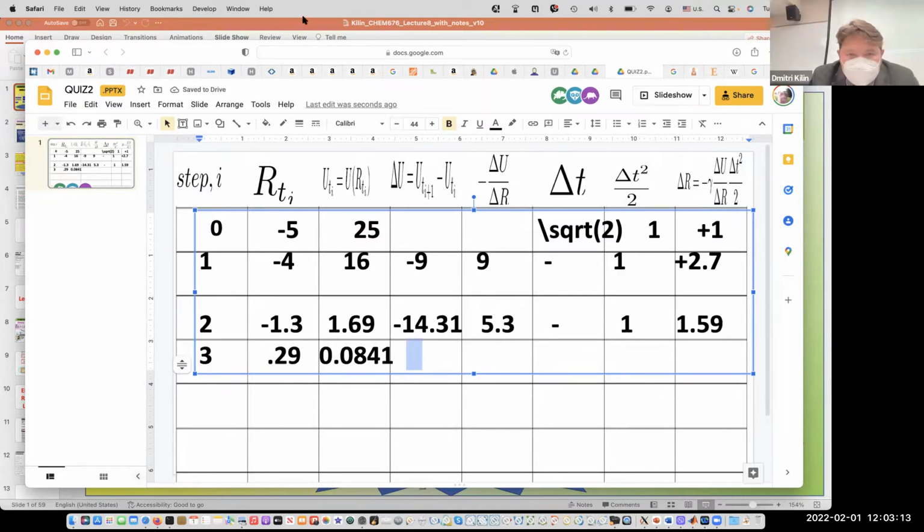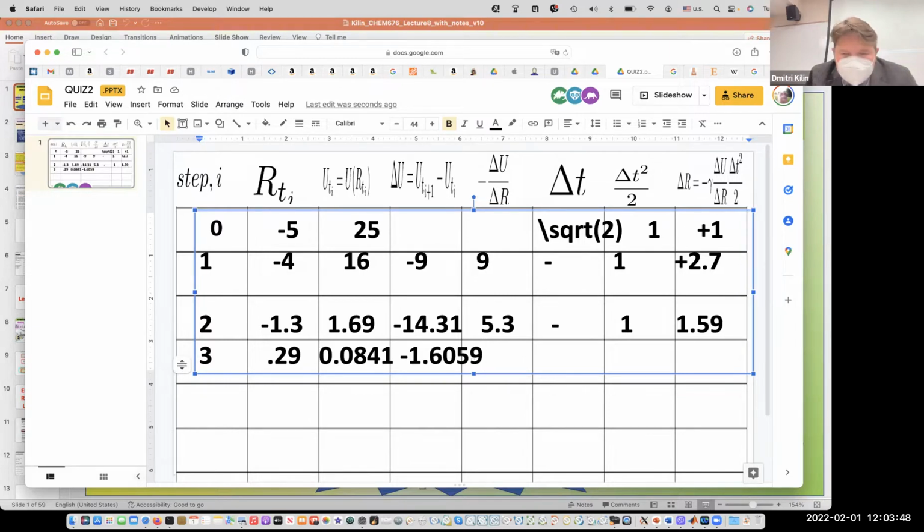And now we need to subtract this small number from minus 1.69. So minus 1.6059. Okay, and at some point we may round up because it becomes too many digits.